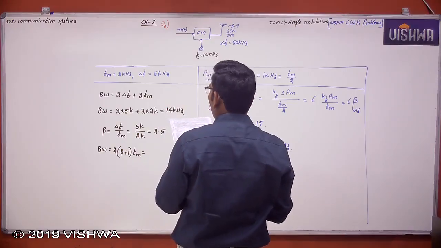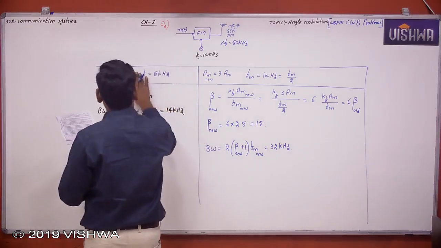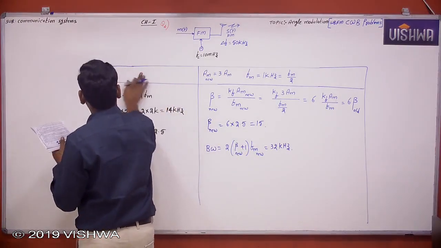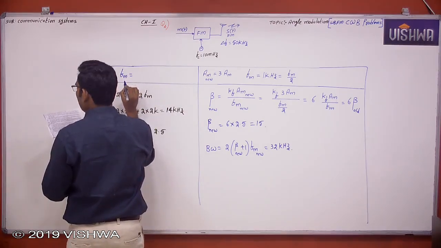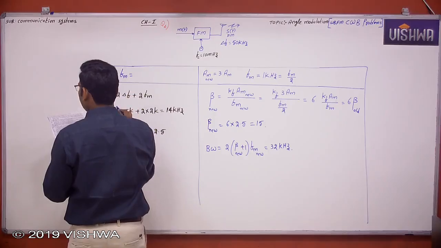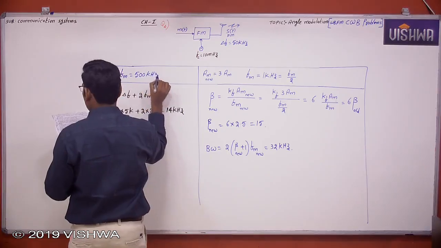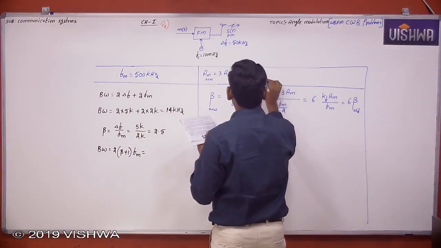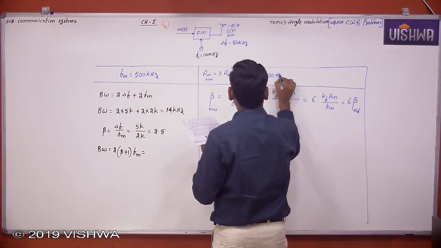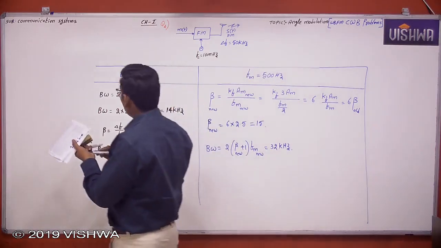Calculate the bandwidth of the FM signal if the message signal frequency is 500 kHz, and then if the message signal frequency is 500 Hz.